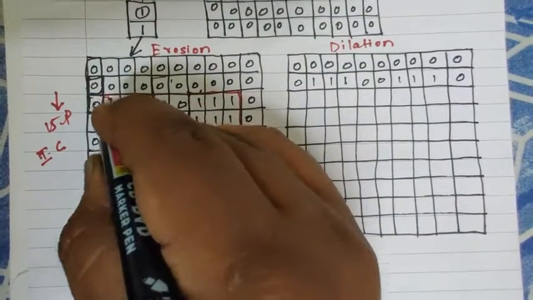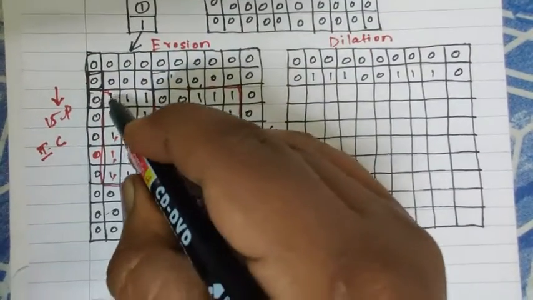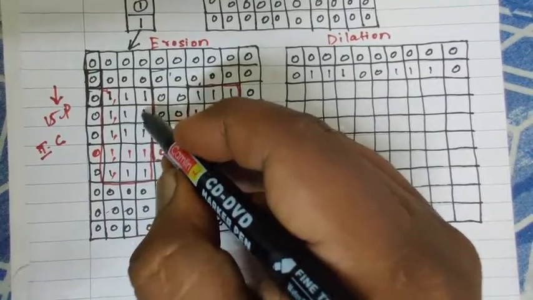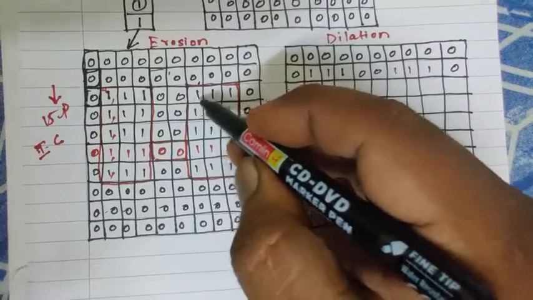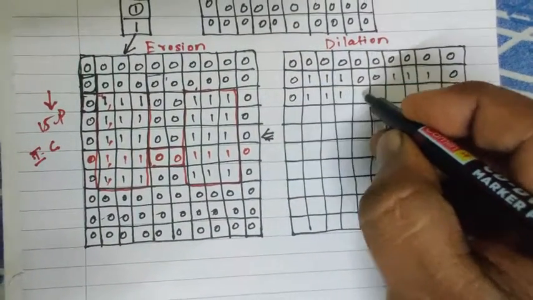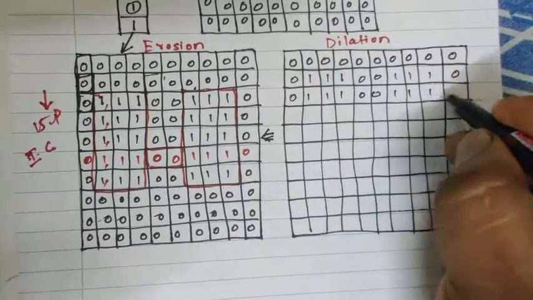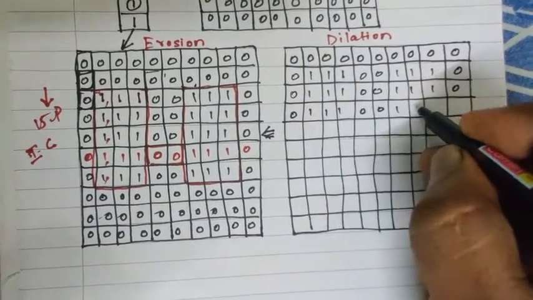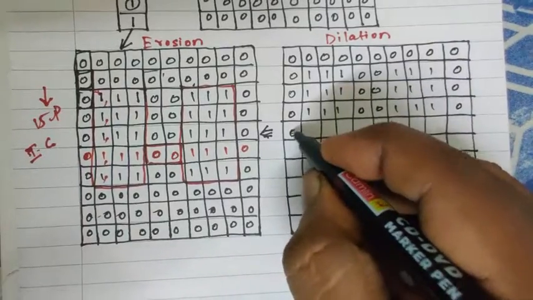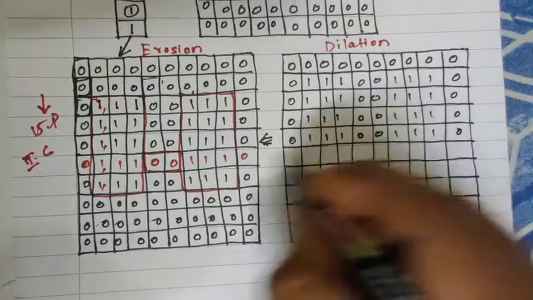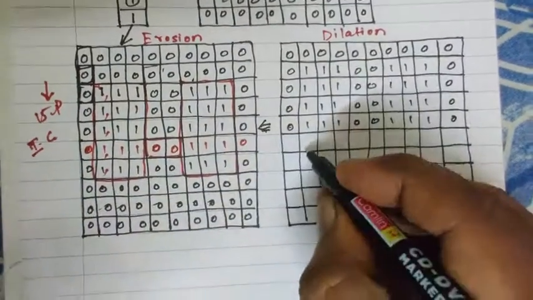Again third row, if I move to the third row, over here there is no match, over here there is a match, match, match, no match, no match, match, match, match. So the answer would be the same even for my fourth row, even for my fifth row, and even for my sixth row.